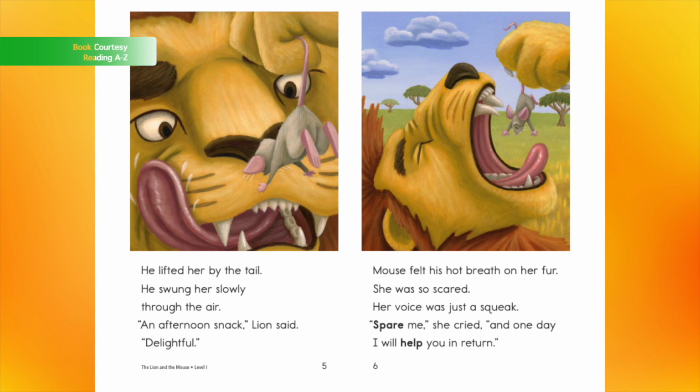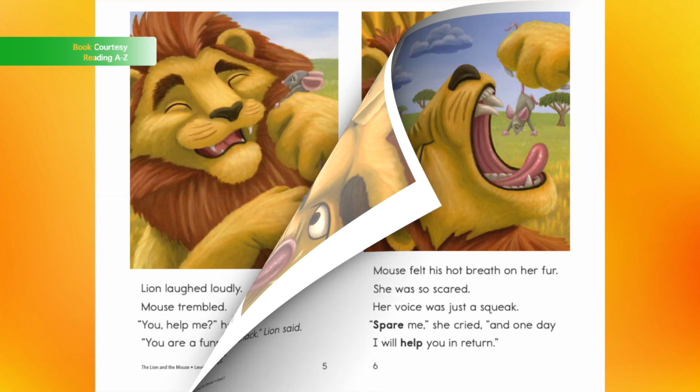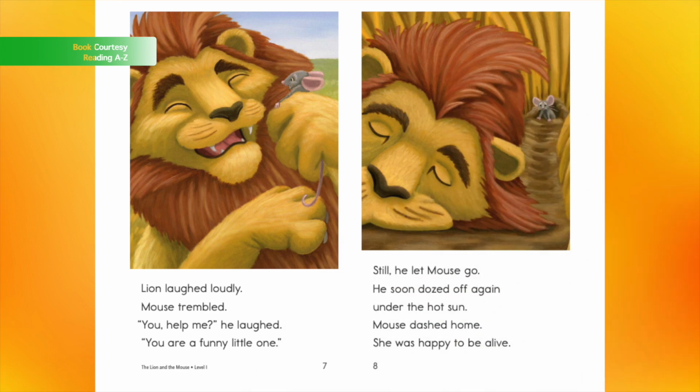Spare me, she cried, and one day I will help you in return. Lion laughed loudly. Mouse trembled. You help me? He laughed. You are a funny little one. Still, he let Mouse go. He soon dozed off again under the hot sun. Mouse dashed home. She was happy to be alive.